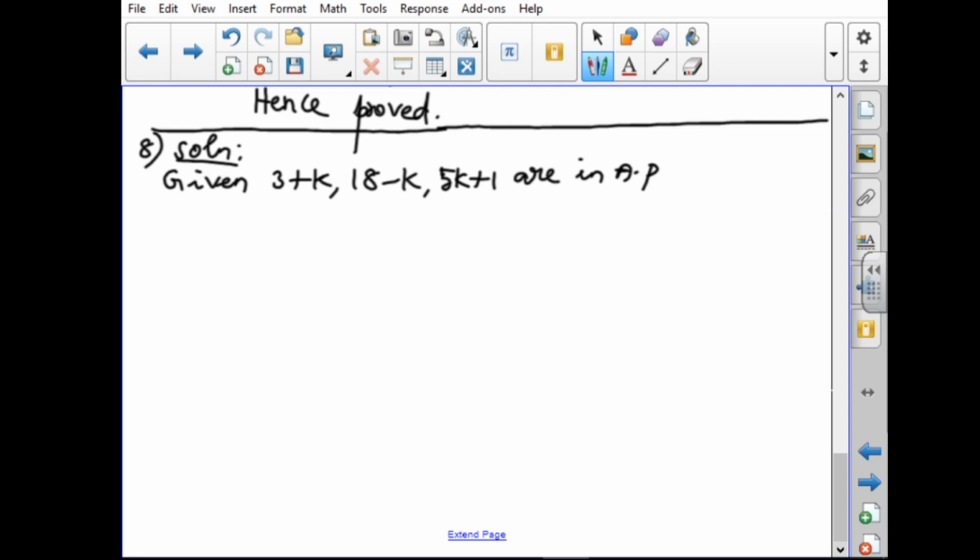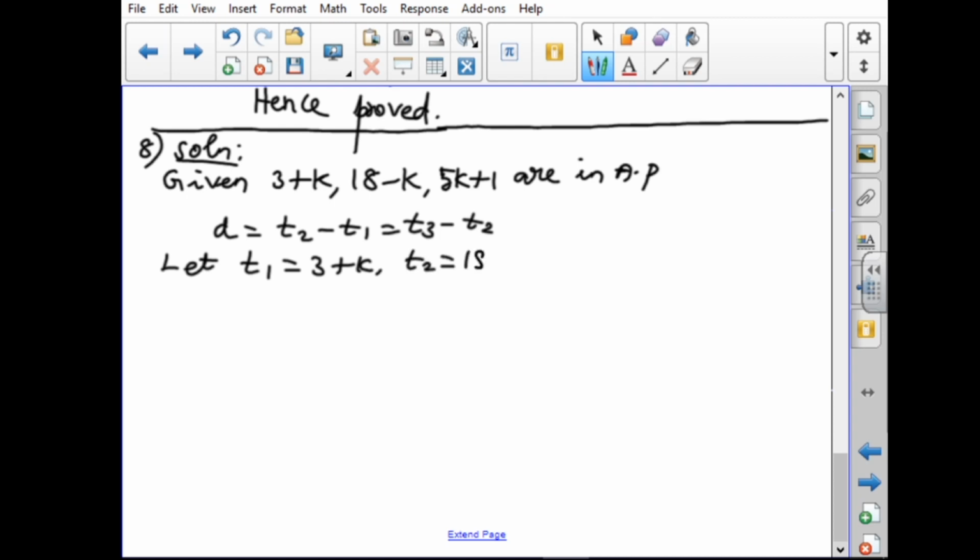Already we know the common difference D equal to T2 minus T1 equal to T3 minus T2. So we assume the terms: let T1 equal to 3 plus k, T2 equal to 18 minus k, and T3 equal to 5k plus 1.